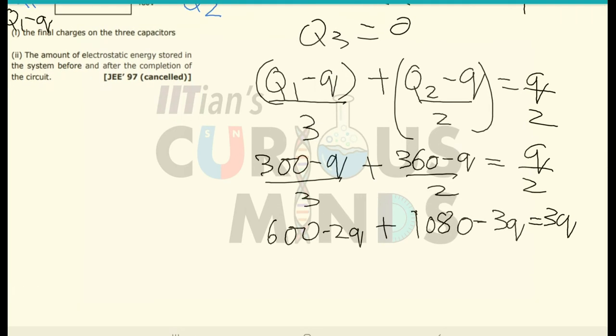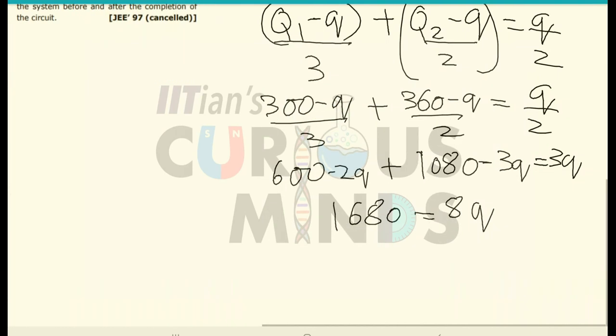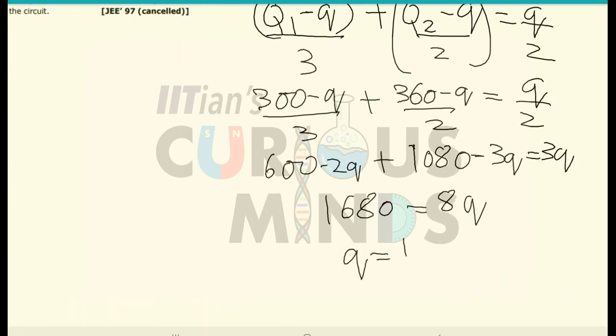So basically it will be 8Q equal to 1680. Q will be equal to 1680 divided by 8, which is 210 microcoulomb.